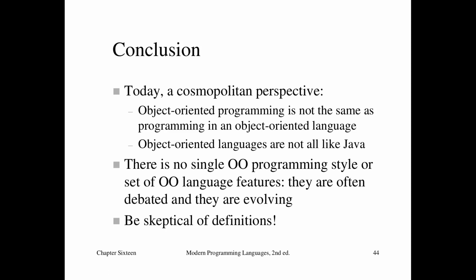The interesting thing is that there's no single object-oriented programming style or even set of object-oriented language features. I would say there's a core set of object-oriented concepts, different than features versus programming style.